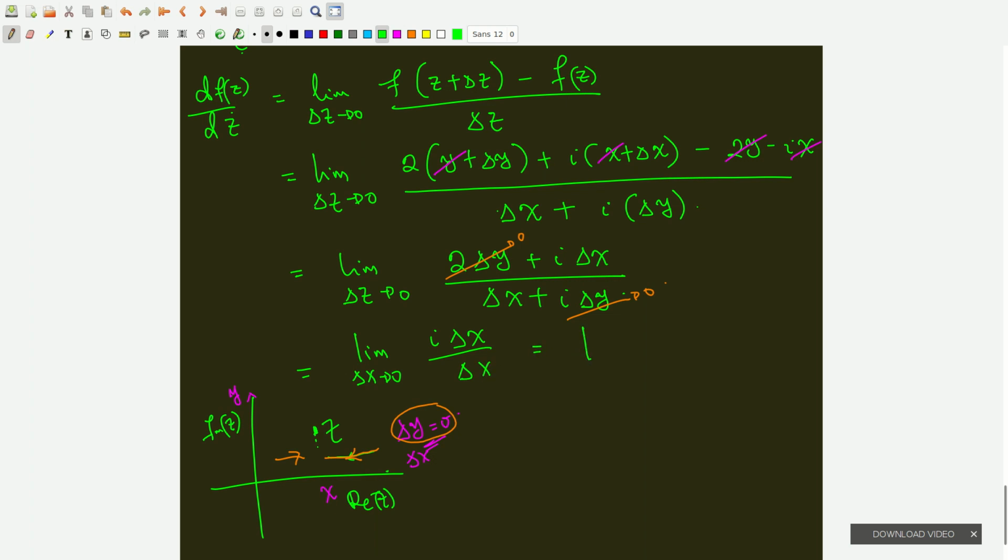This is the limit as delta x approaches 0 of i, which is simply i.